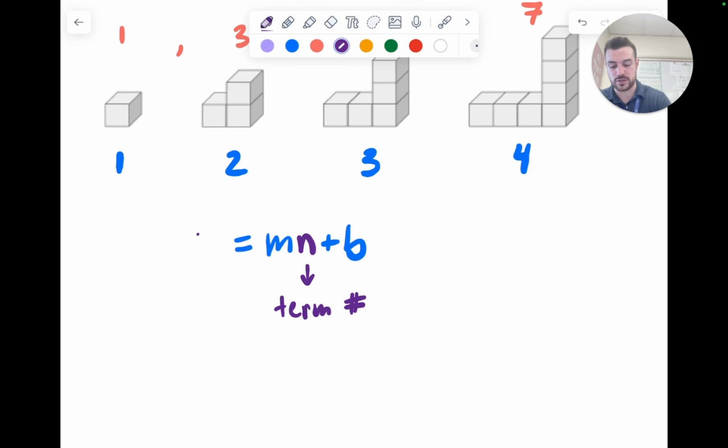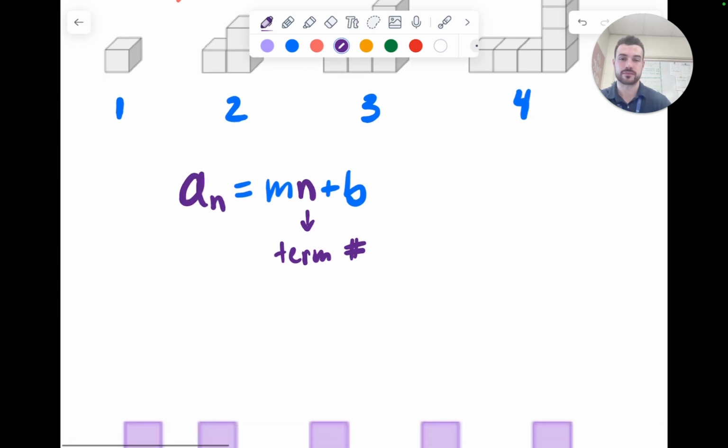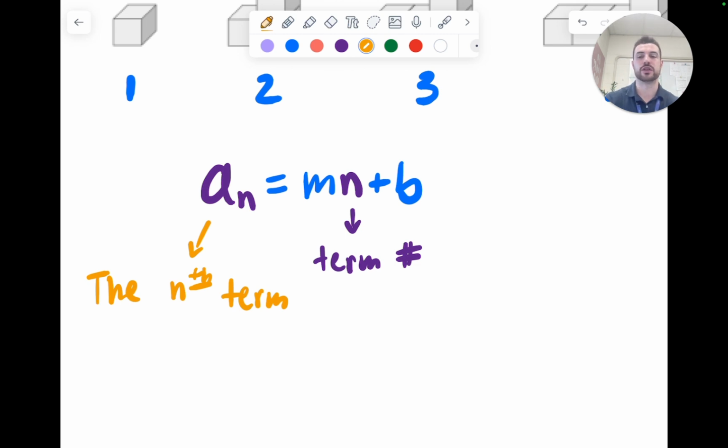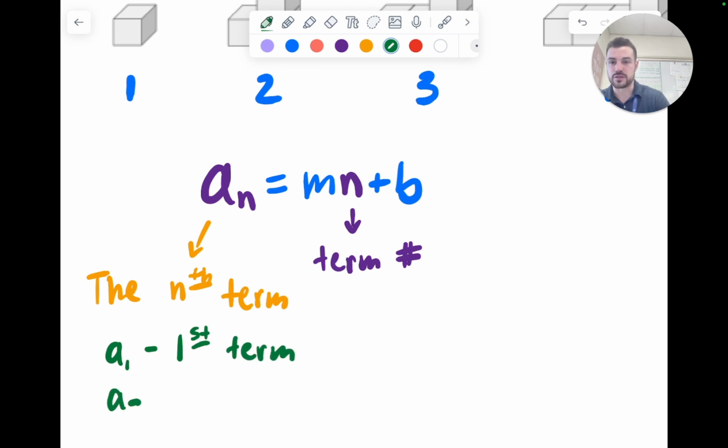We're actually going to use a sub n. This is going to represent the nth term. So again, it sounds very strange, but because this is our nth term, a sub 1 is our first term, a sub 2 is our second term, a sub 8 would be our 8th term, and so on.